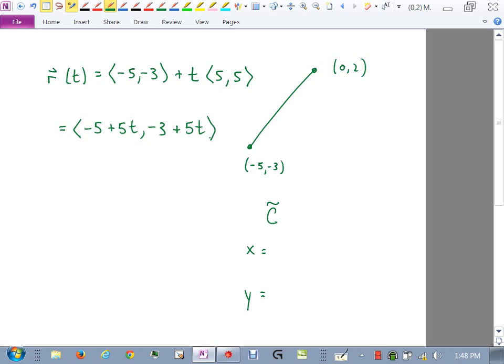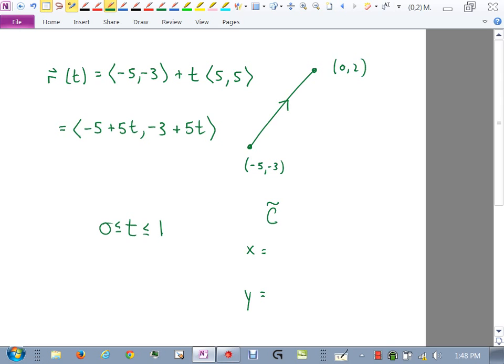Y'all agree? That should be the vector equation connecting those 2 points, the line segment there. T goes from where to where? In this case, 0 to 1, right? It's always 0 to 1 if we do it correctly.